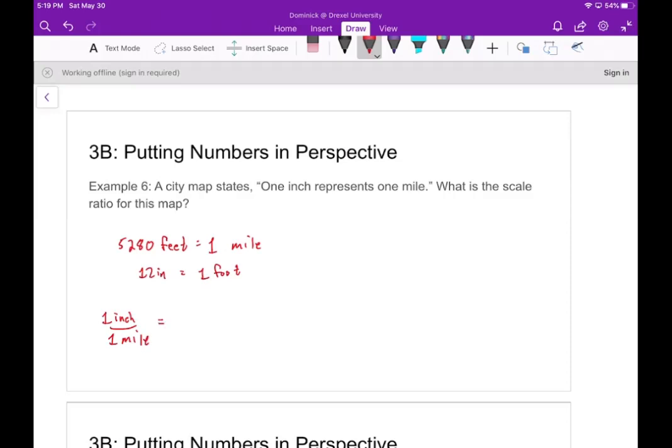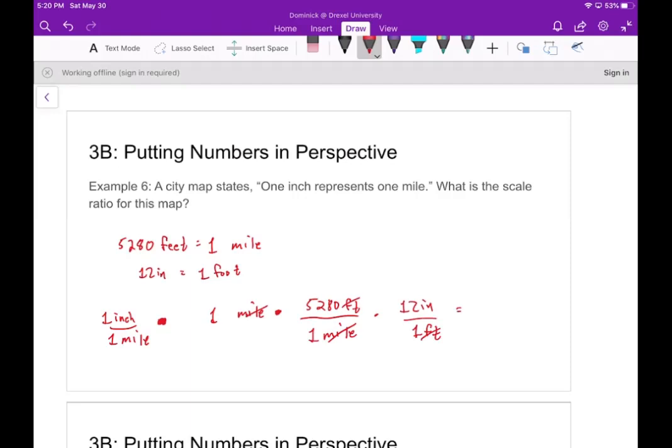and I want to express this as a scale ratio, then I need to convert miles to inches, right? So 1 mile, and I would need to multiply by 5,280 feet, so my miles cancel, and then I need to multiply by 12 inches over 1 foot to get my feet to cancel.